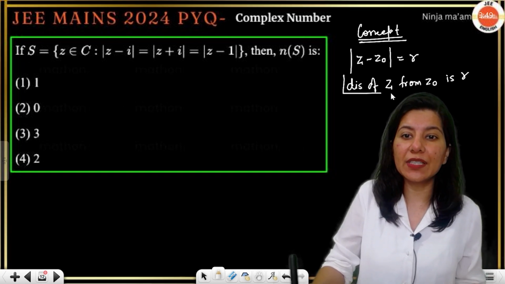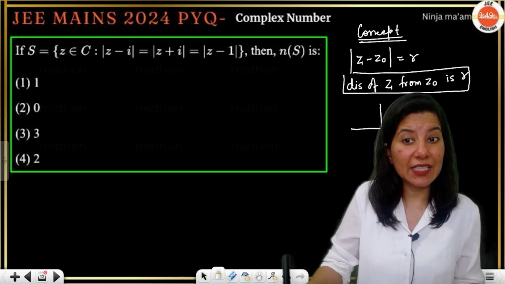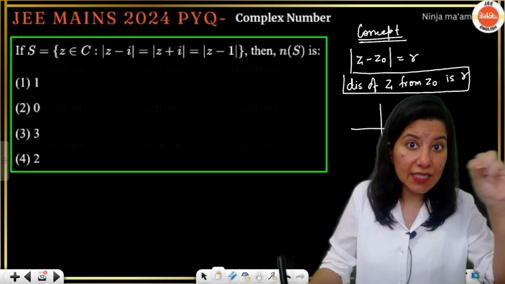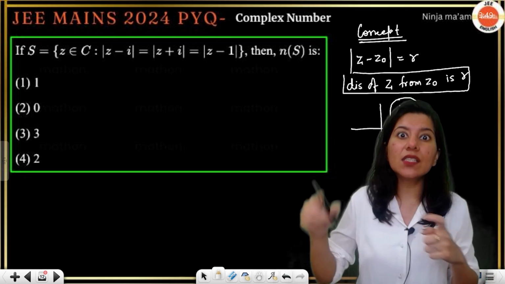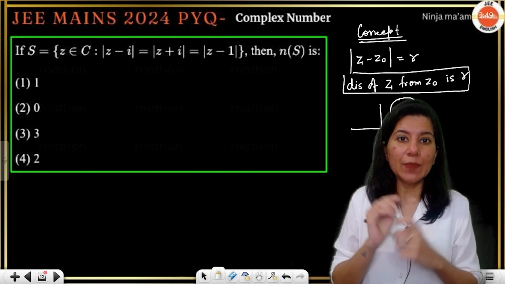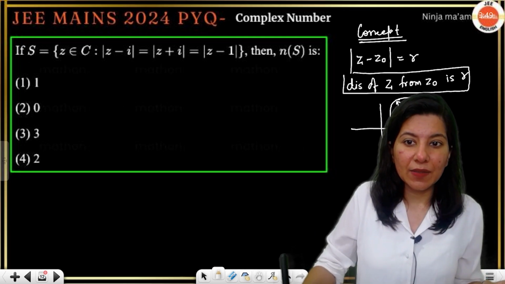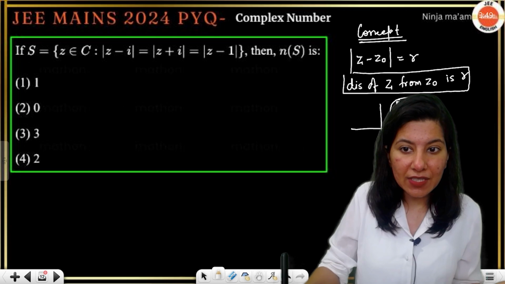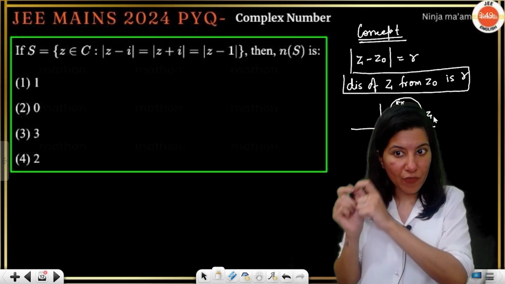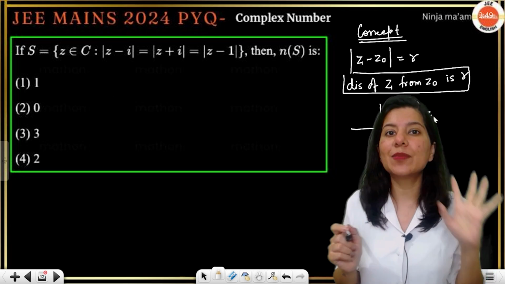This is the geometrical significance. So z naught is the center, and z is a moving point, so z represents a circle, because r is the radius. You take any point z on this circle; its distance from z naught will always be the radius.